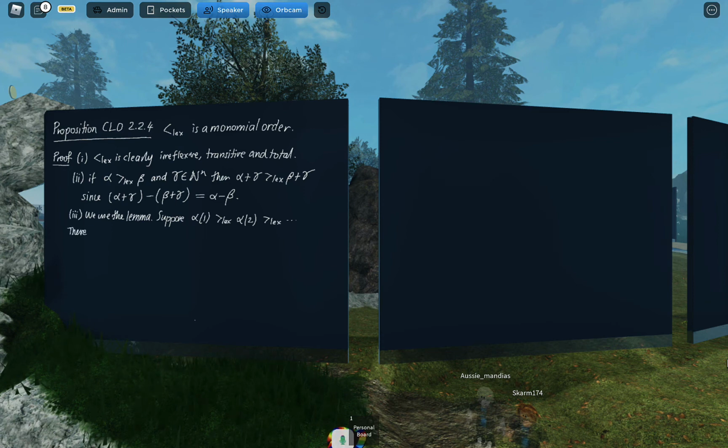Let's pay attention to the first entry in each one of these tuples first. So there exists an n1 such that for i greater than or equal to n1, those first entries stabilize. That is, they are all equal.